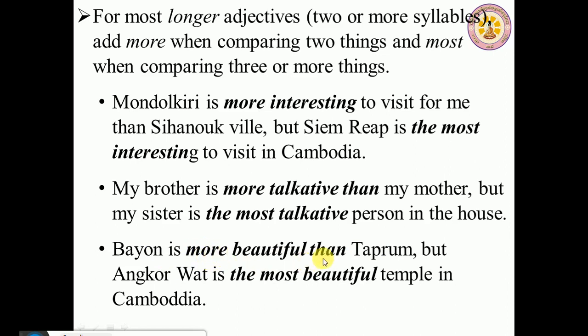So in the comparative we use "than": more beautiful than. This one uses the superlative because we want to compare Angkor Wat with all the temples in Cambodia. So Angkor Wat is the most beautiful. We use the superlative, we use "the most", because beautiful is a long adjective.